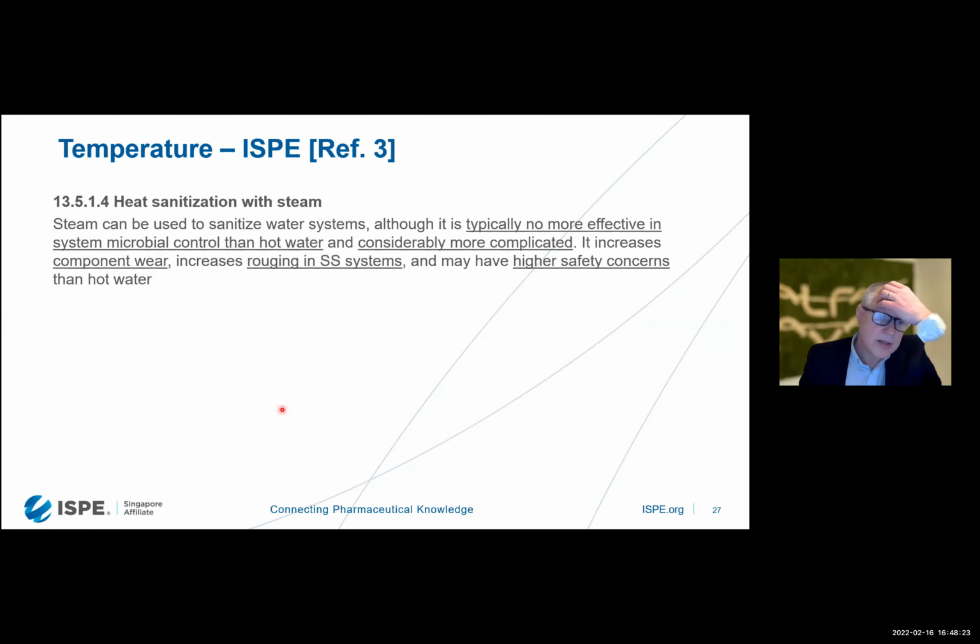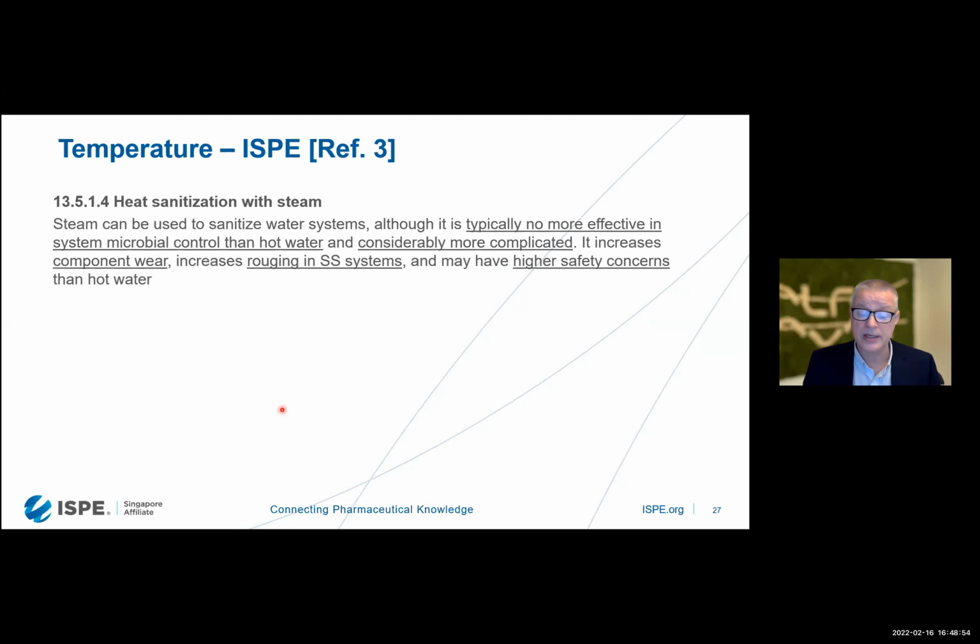There is also another comment here about steam, which is very, very good. They say in this ISPE baseline guide that steam is typically no more effective in system microbial control than hot water. But it's considerably more complicated because it's generating more wear on the components, and it's increasing the rouging if you have a stainless steel system.